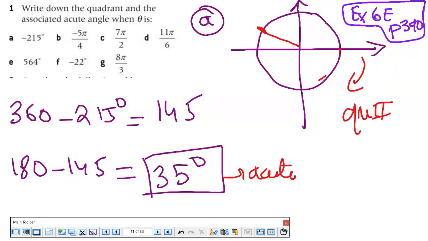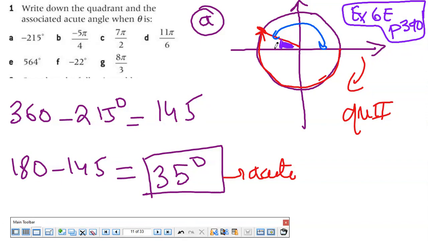Now, to find the acute angle, I want this one. So now we are doing geometry. Let's forget about trigonometry. If I can find the value of this angle and I do 180 minus this angle, I can find the acute angle. All this part here, the red one, is 215.